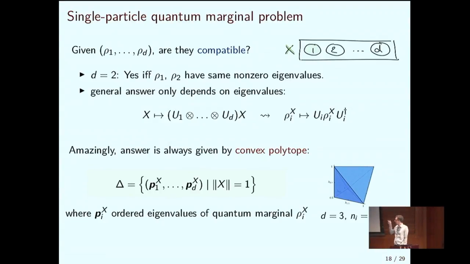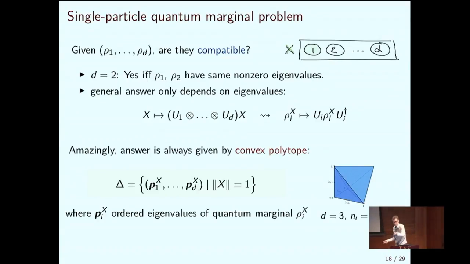And so the natural definition to take here is that we look at the following set delta. We look at all vectors of unit norm, so these are our good global quantum states. We compute first these quantum marginals, rho 1 to rho d, and then we diagonalize each of the quantum marginals. We get a probability distribution.